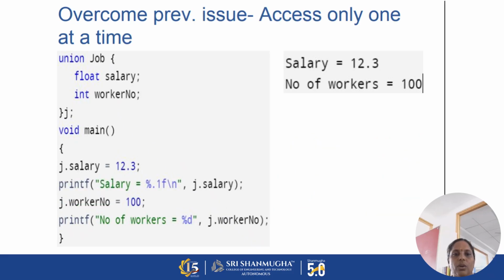In order to get the output of both values, whenever we access the variable, we need to print immediately. For example, j.salary equal to 12.3. Once assigned, we get the output, and the value is 12.3. Then we assign 100 to the worker number, and then the value is printed.